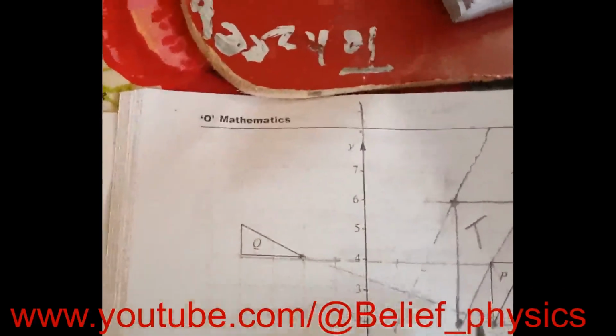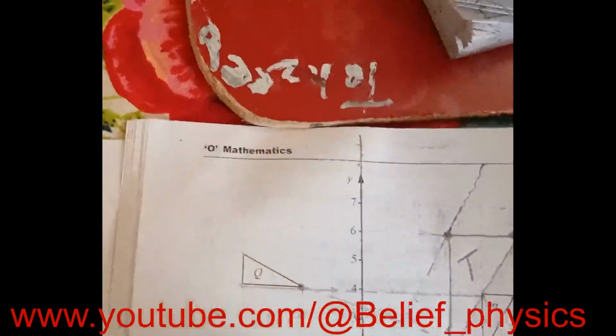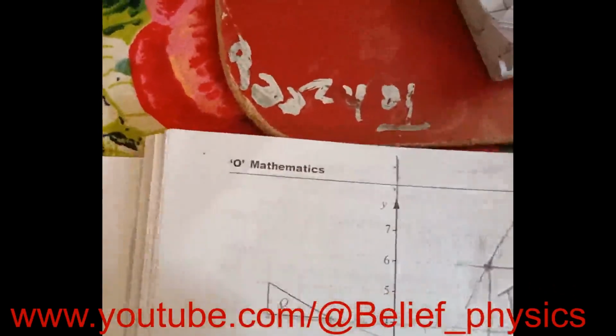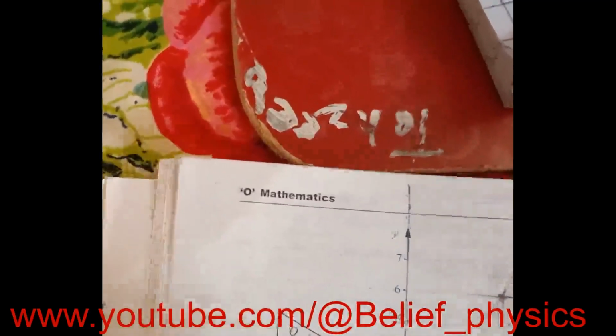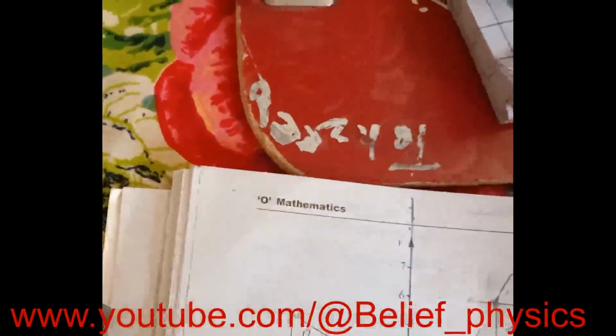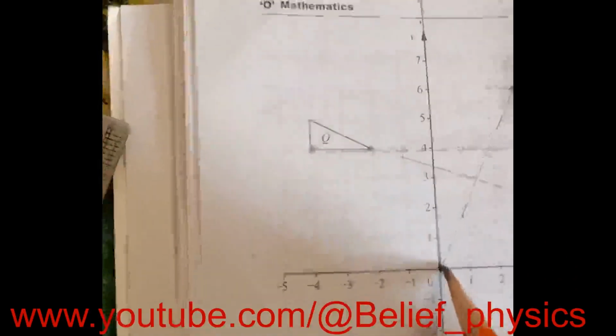I join these two points and their perpendicular bisector is this line. Similarly, if the object is this point, then its image is this point. I join them, and the perpendicular bisector is the y-axis. Both these perpendicular bisectors meet at the origin.